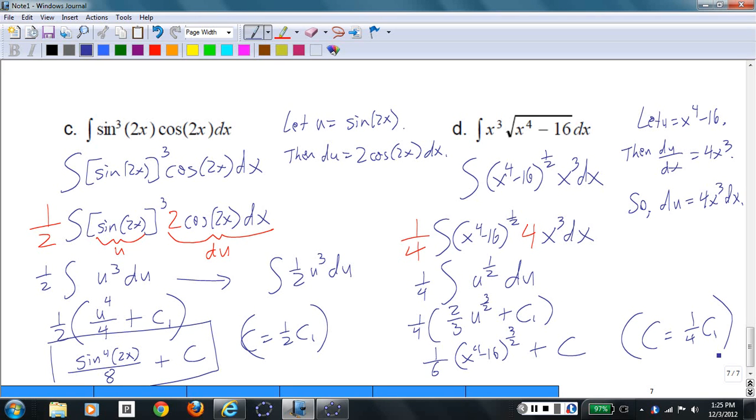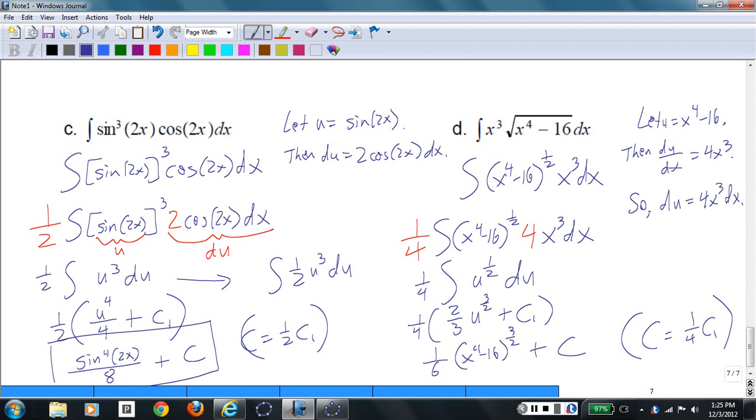But it's arbitrary. So ultimately, the final answer, if I have a solutions manual I'm trying to build, I can put plus c there, and it really doesn't matter what it is in reference to this other c sub 1, because we didn't know what c sub 1 was.